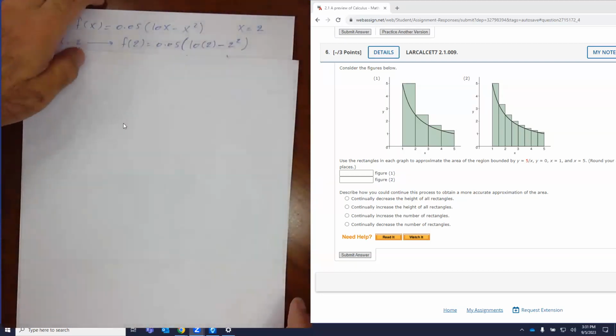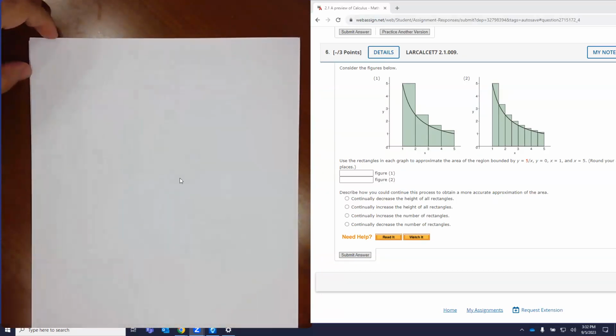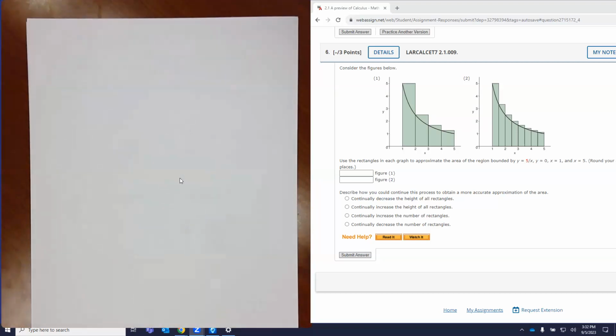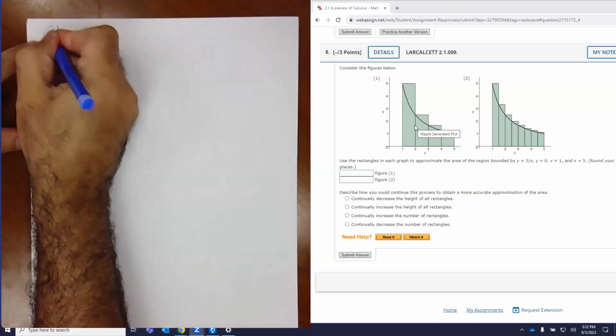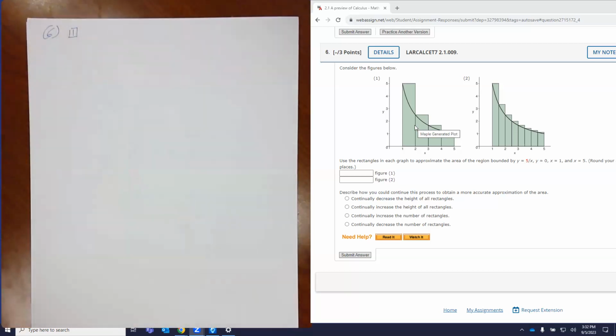So for the first one, to find the area for each rectangle, I'm talking about number 6A, the first graph.